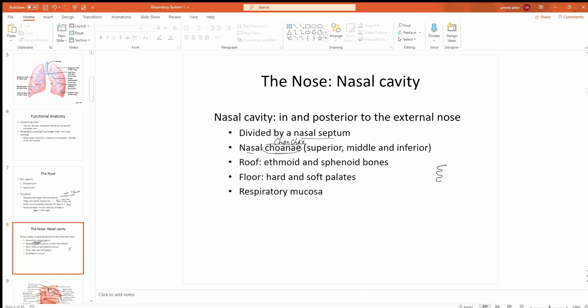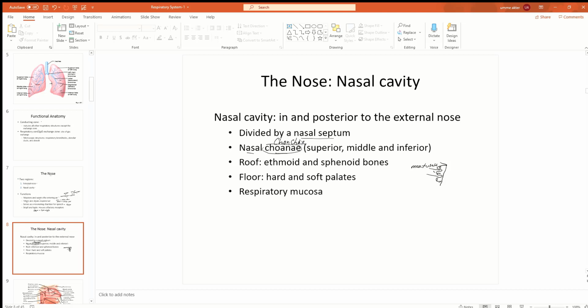Okay, so this is the lateral wall, and you have three concha: superior, middle, and inferior. Now they are separated by grooves, and these are called meatuses. Okay, so there are three meatuses and three concha in each side of the lateral wall.